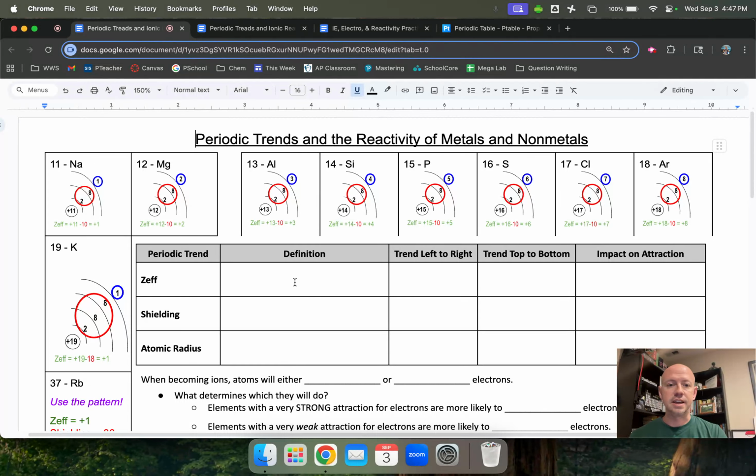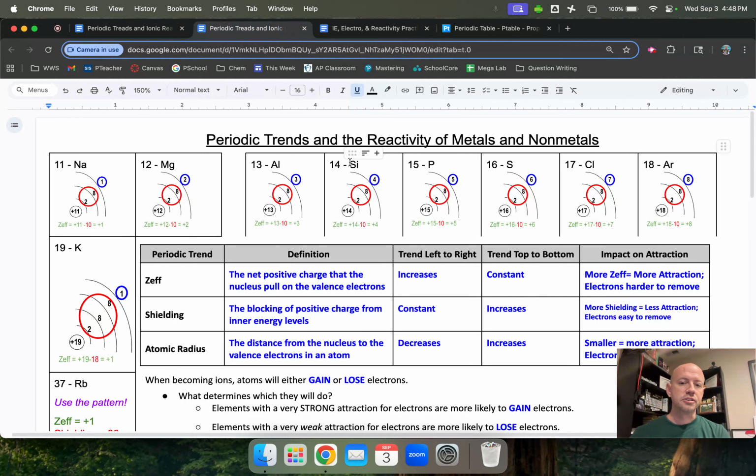So we can check the definition, but the pattern left to right, it goes up, but top to bottom, it goes down. The higher our effective nuclear charge, that turns into a bigger, stronger attraction. So as I pop up there, we see the definition, we see the pattern, we see the trend, and then we see that more Zeff attracts and holds those electrons even harder.